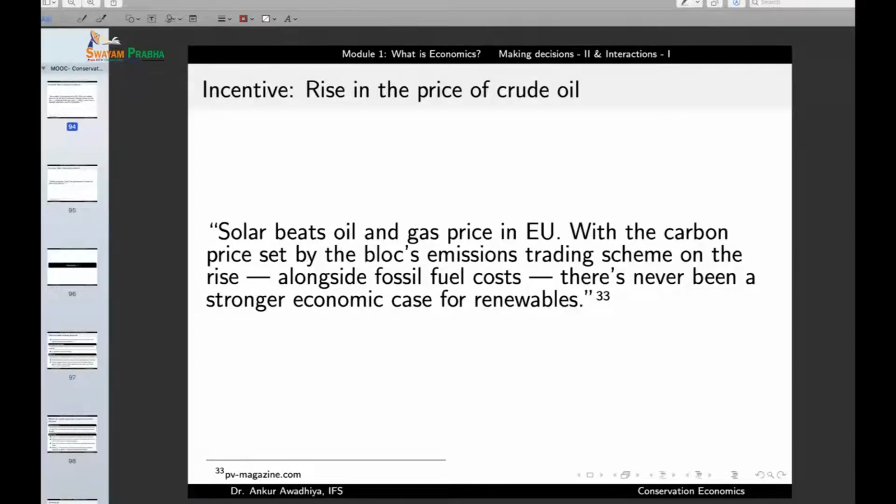With the carbon price set by the bloc's emission trading scheme on the rise, along with fossil fuel costs, there has never been a stronger economic case for renewables. So the act that has been induced in this case by the increase in the price of crude oil is that it is incentivizing the industry to shift towards renewable sources of energy.